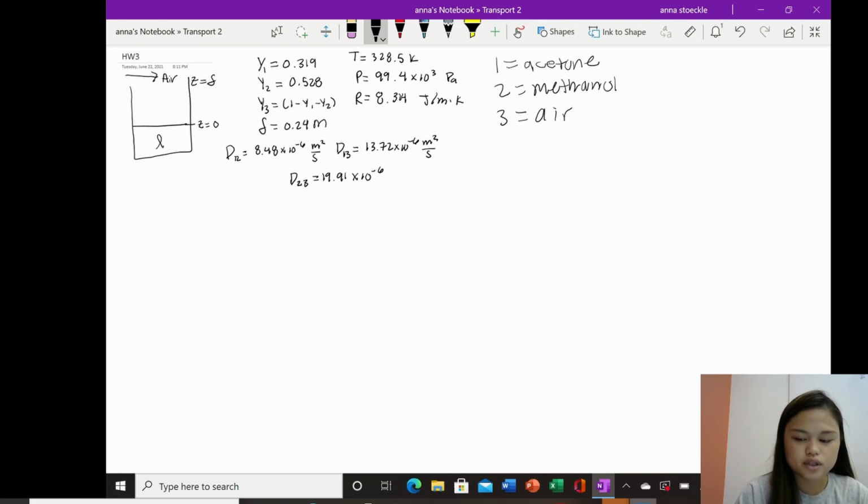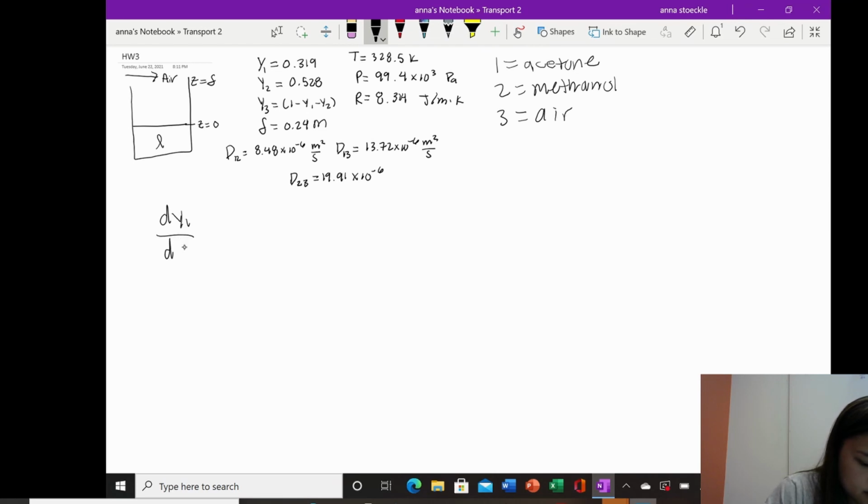I'm going to write out the equations for the change in mole fraction of acetone with respect to that distance of the tube, Z, and then do the same thing for the methanol. I'll write those out really quick. This is the mole fraction for acetone with respect to the distance.